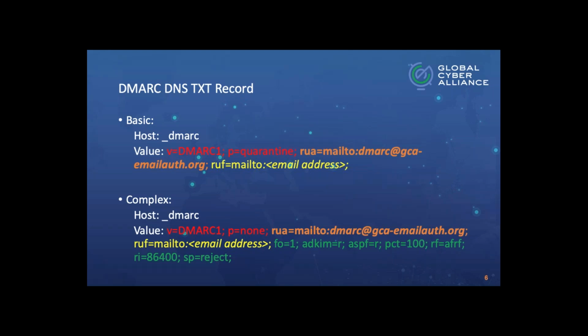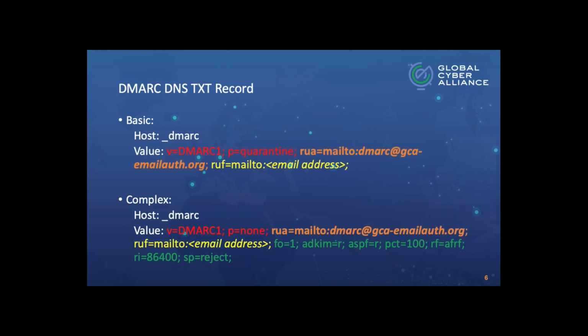Now, one thing I just want to point out: if you see here, I actually put in an email address for the aggregate reports, the rua=mailto:DMARC@GCA-emailauth.org. This is a valid reporting system. It's not like what you saw in the vendor presentations, where you can send it and get access to a portal or anything like that.